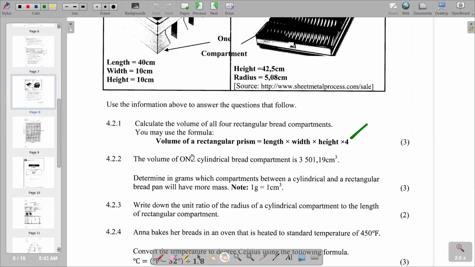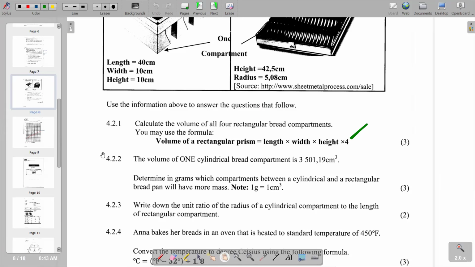So we just compare for the braid compartment. We have got 3,501.19 cubic centimeters, which is going to be 3,501.19 grams.